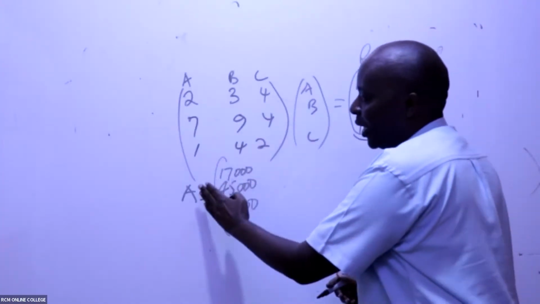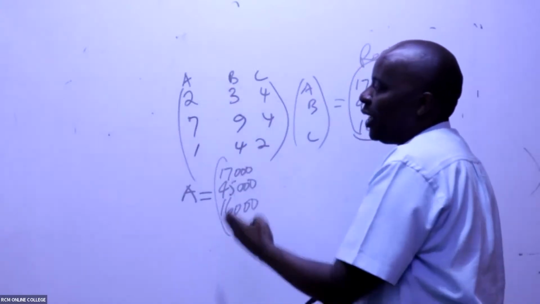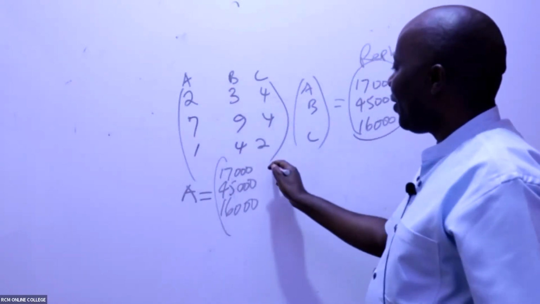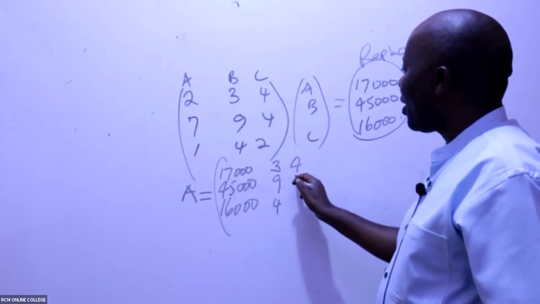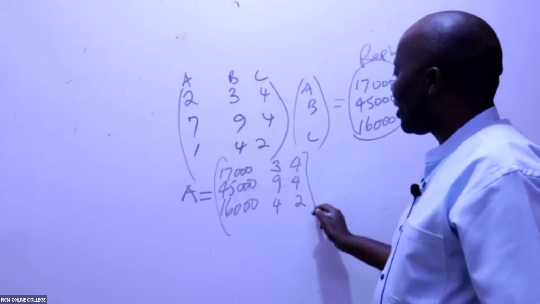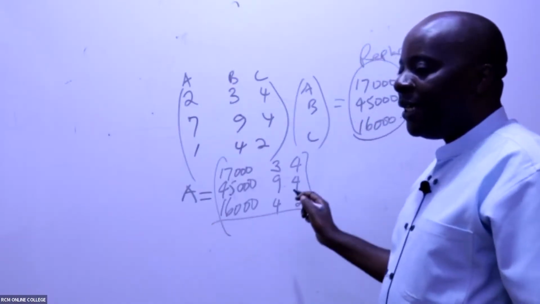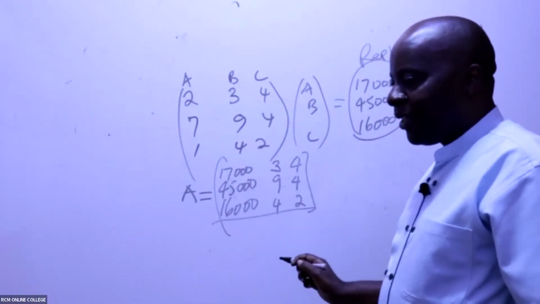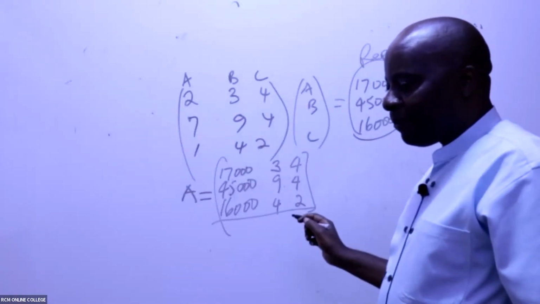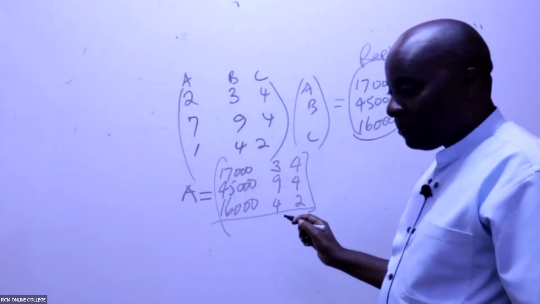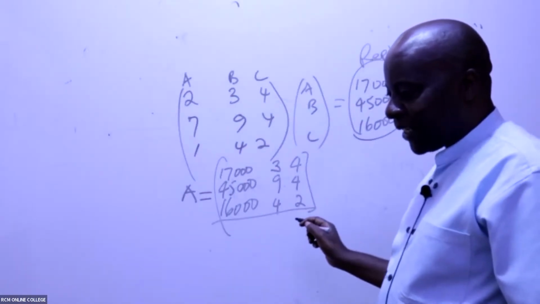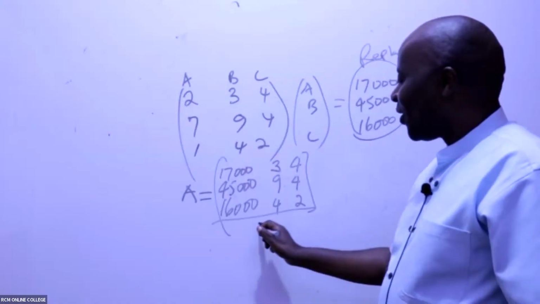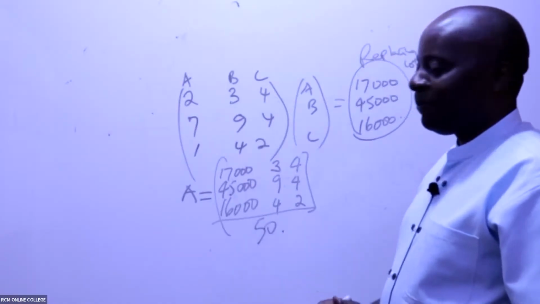If it's A, we only attack the column of A. The others remain. So we have here 3, 9, 4, and 4, 4, 2, like that. Divide by the determinant of the base. Do you remember the determinant of the base? It was 50. You divide this by the determinant of the base.